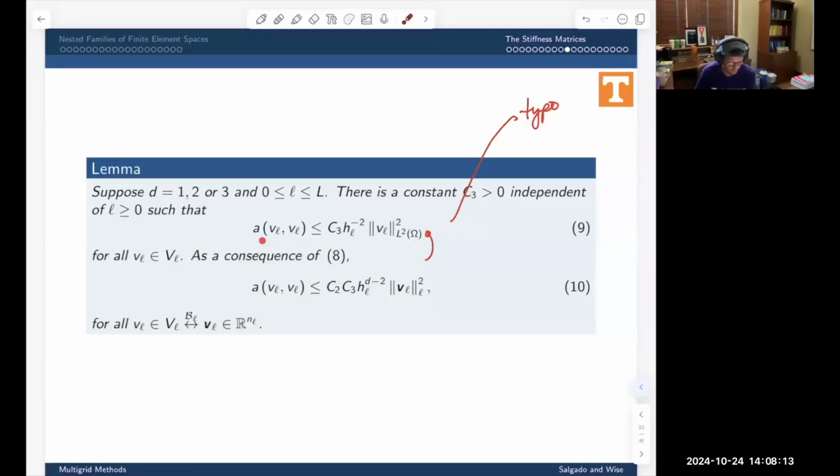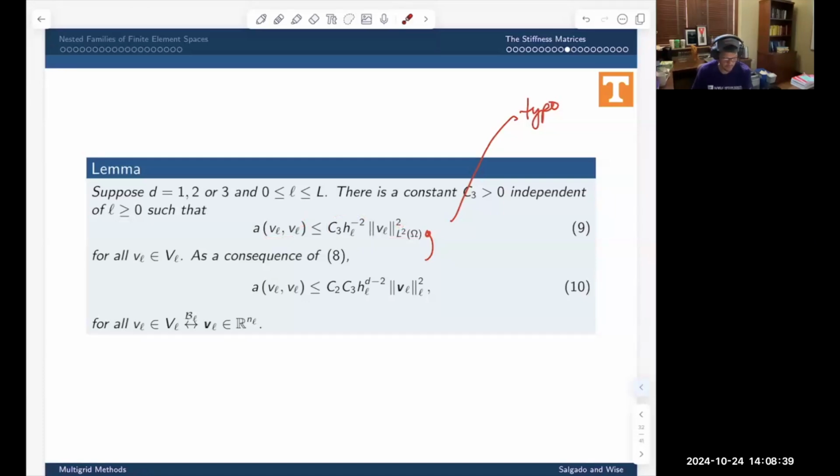Remember I said that all norms on a finite dimensional space are equivalent. This is also a norm on that space VL. Well, if all norms are equivalent, then there has to be some constant of equivalence relating these two norm objects together. Actually, these are the squares of norms, but it doesn't matter.